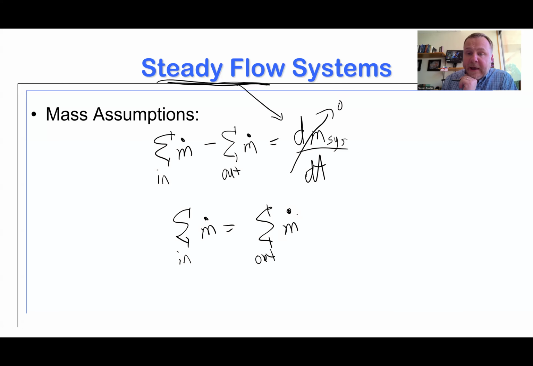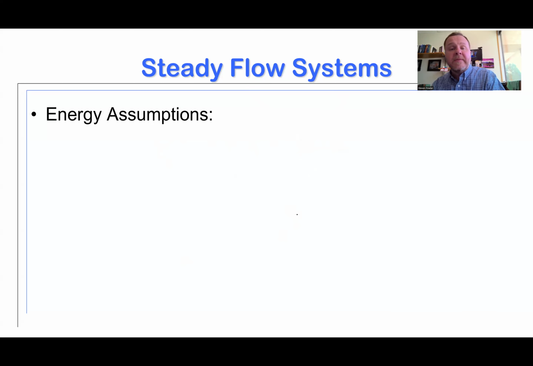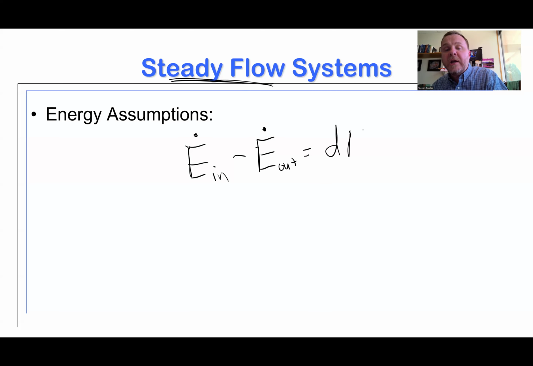Okay. And if I make the same steady flow assumption for energy, remember the first law says, in its purest, rawest differential equation form, the rate of energy in minus the rate of energy out is equal to the change in the energy of the system, dE system, with respect to time, dE/dt.